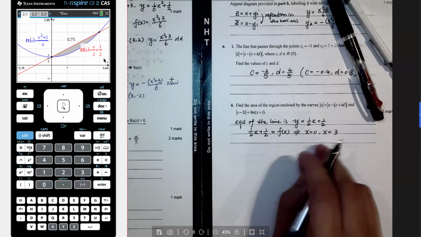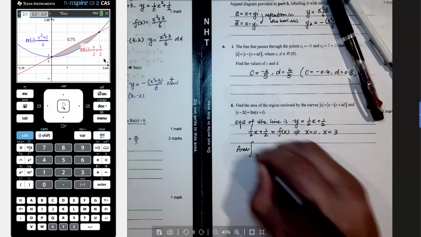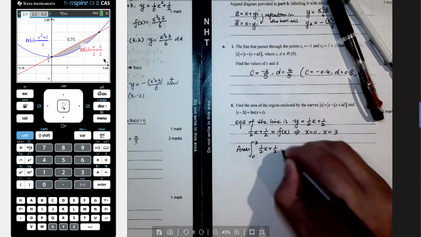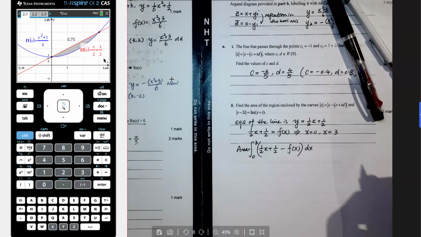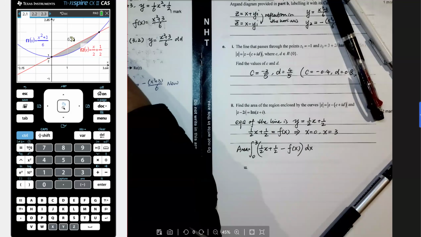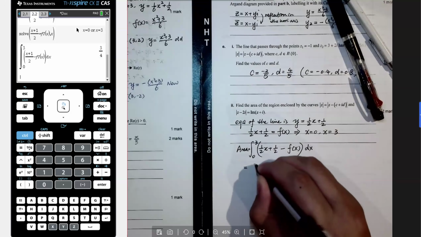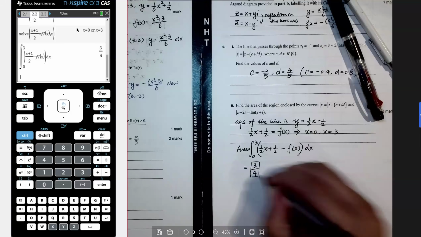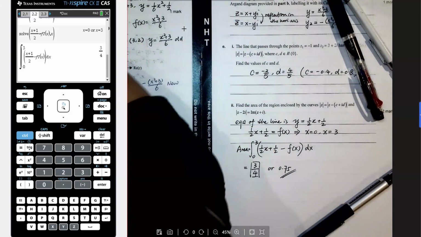But actually, this one can be just observed by the graph. So the area equals the integral from 0 to 3 of half x plus half, subtracting f of x, dx. So actually, I get 0.75. Yep. Done. I will look at the next question.